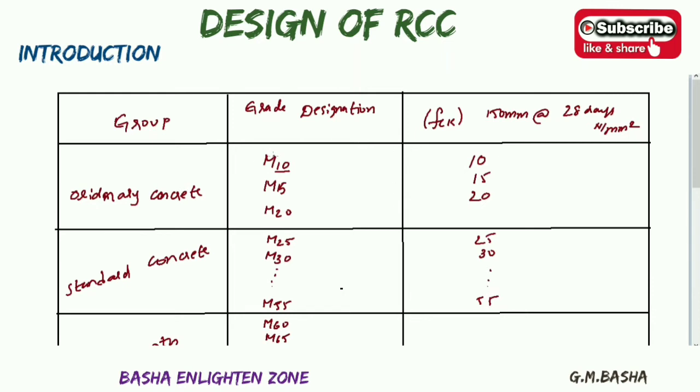And what about this M? This M refers to the mix. And what about this 10? This 10 refers to the number of the characteristic compressive strength of 150 mm cubes at 28 days in Newton per mm square. So these are the grades of the concrete.